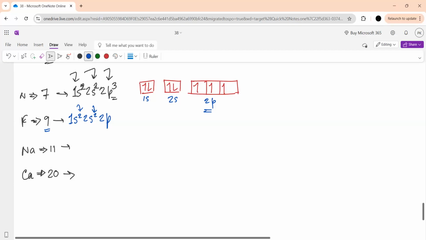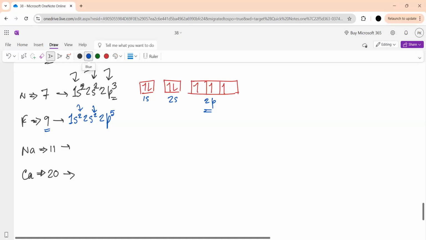And how many electrons can be there in 2p? In 2p there can be a maximum of 6 electrons, right? And here we have 5. So all the electrons can be accommodated in 2p. If it is more than 6, then we will go to 3s. If it is 6 or below 6, then it can be accommodated in 2p.